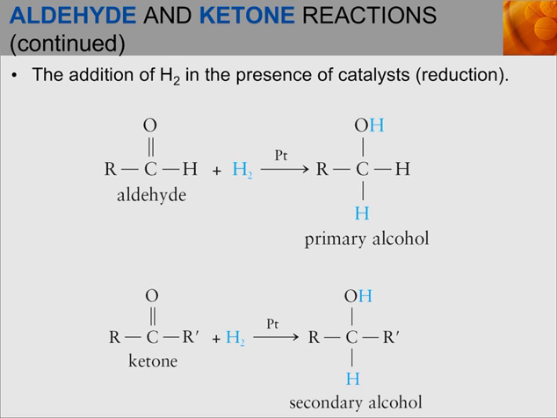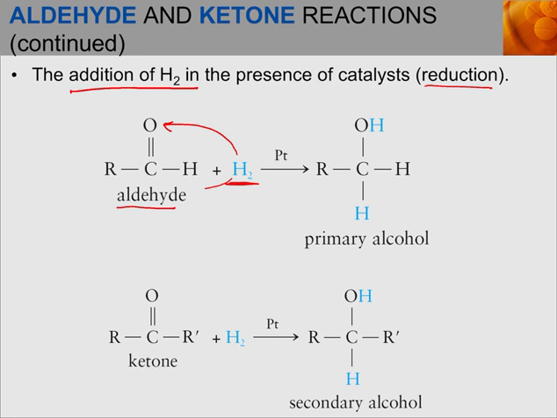Okay. Now, in addition to oxidation, we can perform reduction. And reduction will work on both aldehydes and ketones. So remember, reduction is the addition of H2 across a double bond. So if we have an aldehyde and we react that with our hydrogen molecule, one of the hydrogens will bond to the oxygen in the carbonyl group.